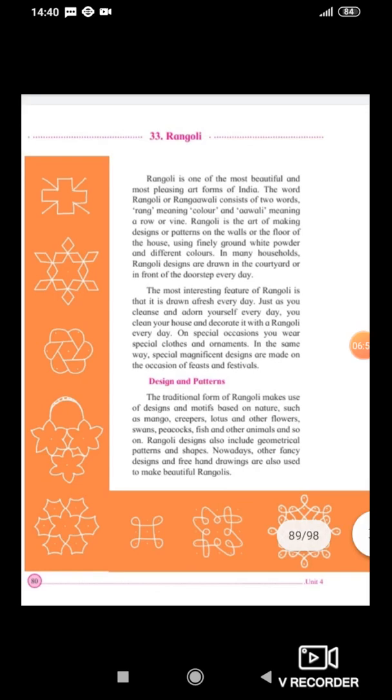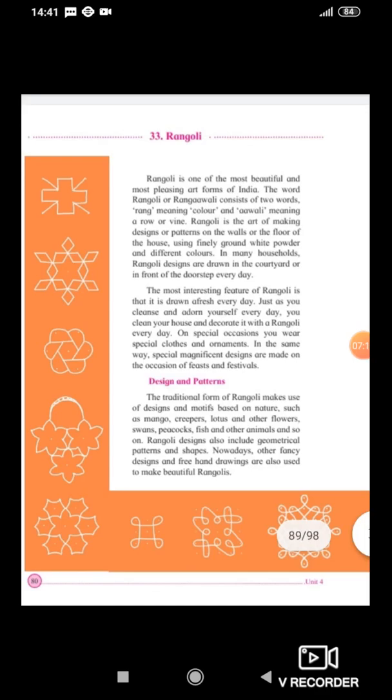So students, as you all wear new clothes, special clothes and ornaments on special occasions like Deepavali, in the same manner rangoli is also drawn on special occasions of feasts and festivals.